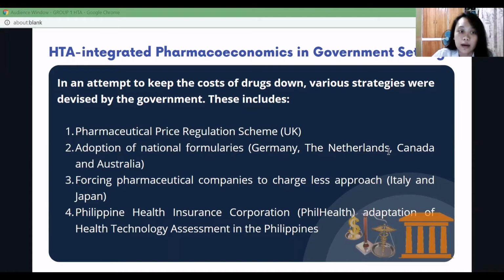So we will have a quick overview of these strategies devised by different countries such as the UK, Canada, and also here in the Philippines.